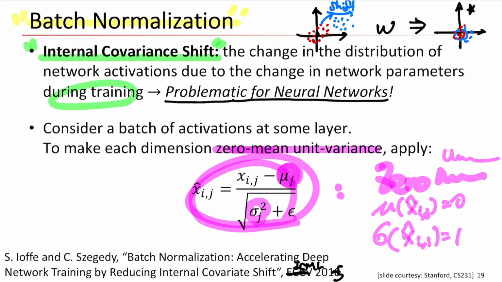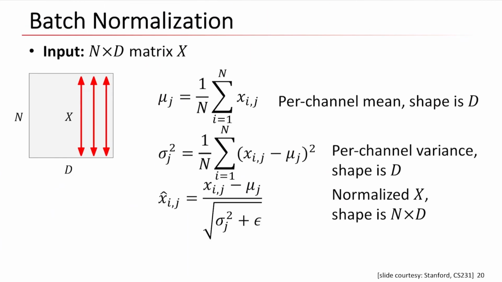Actually, this is very intuitive, right? If you look at the detail, let's say we have the N by D matrix X here, right? It can be any kind of activation map. First of all, we can compute the per-channel mean, right? The per-channel mean is defined by the summation of every x_ij divided by N, right?